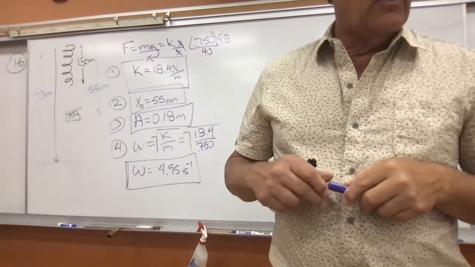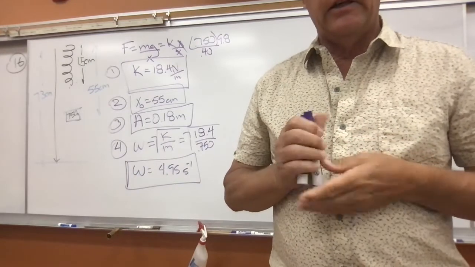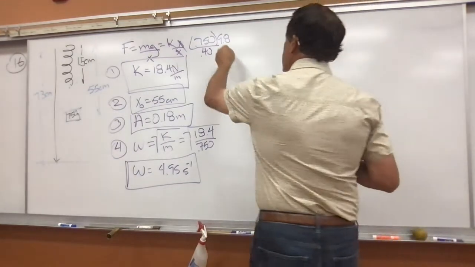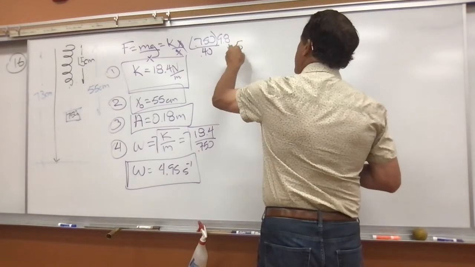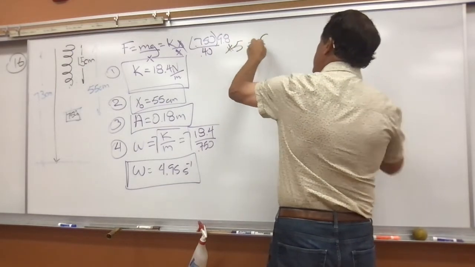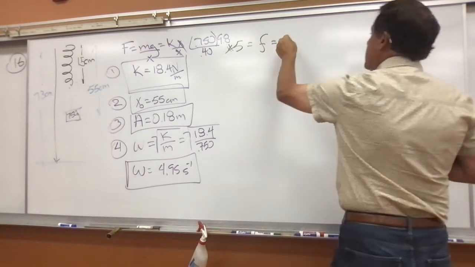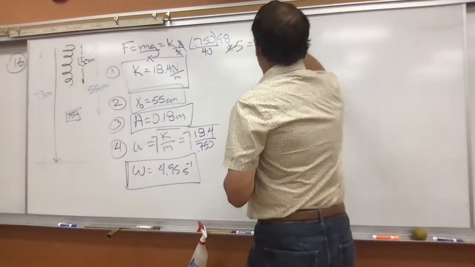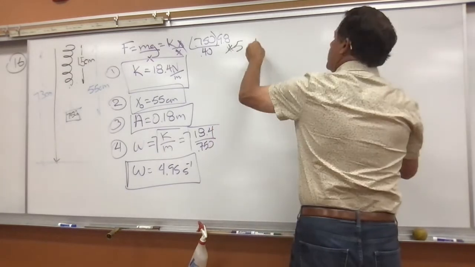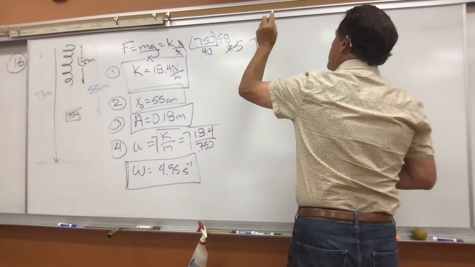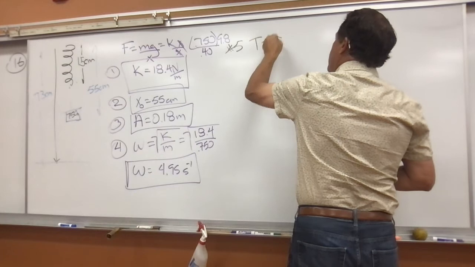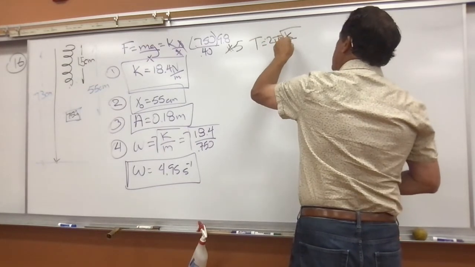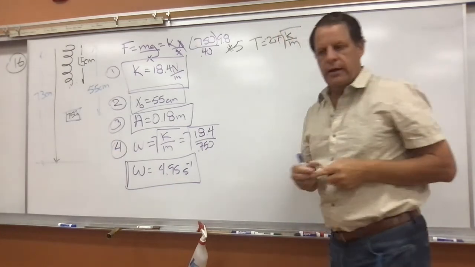Okay, so now, you guys, we want to calculate the frequency, and this is going to be number 5. Now, the frequency is equal to, is it the frequency or the period? The period, sorry. And the period is equal to 2 pi times the square root of k over m.